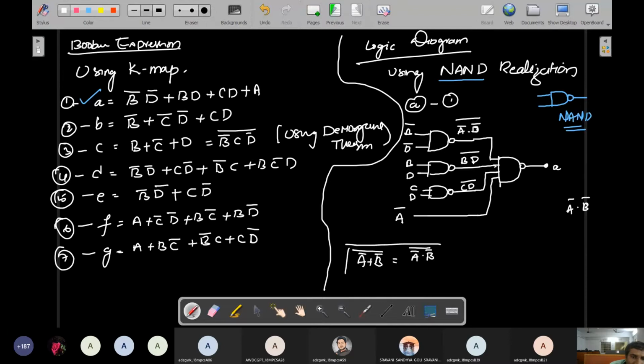So this is De Morgan's theorem. Using De Morgan's theorem, you can write the final output of this AND realization. So this is the first logic circuit, the first output by using NAND realization. Please note everybody. I'll move to the second one.